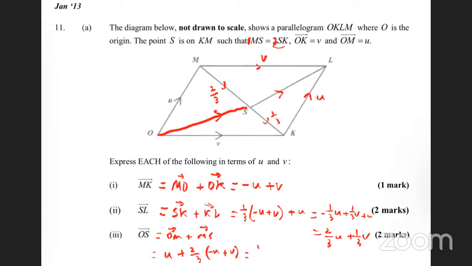So that will be 1/3 U plus 2/3 V. Yeah, that should be good there. Anybody got that for OS? Okay, nice. So that's the way you handle questions like this, right?